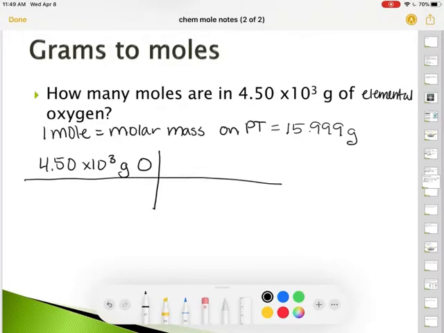So let's see how many moles we have of oxygen. Okay. Well, if I want to get rid of grams, I have to put it down here. Grams of oxygen and moles of oxygen. In 1 mole of oxygen, there are 15.999 grams of oxygen. Okay.